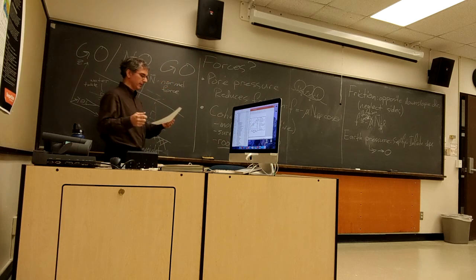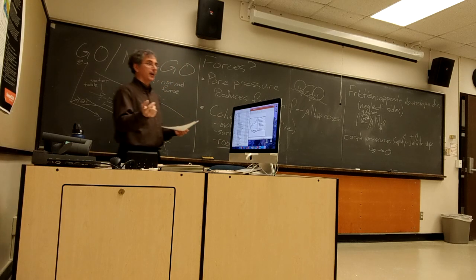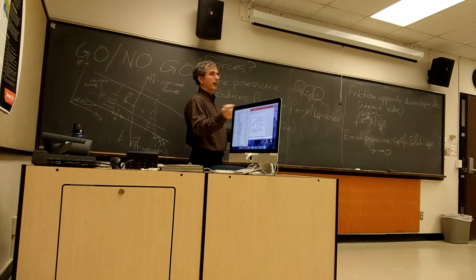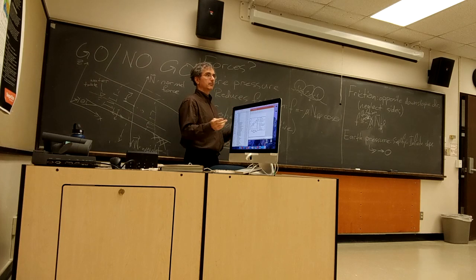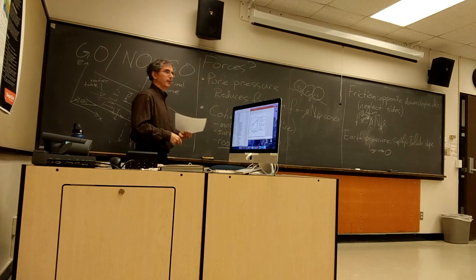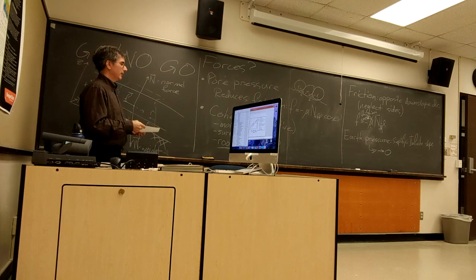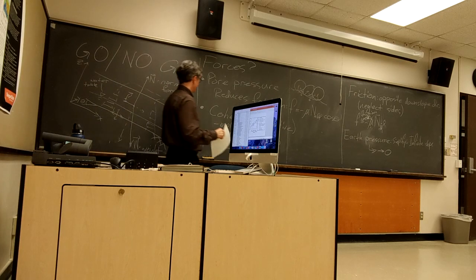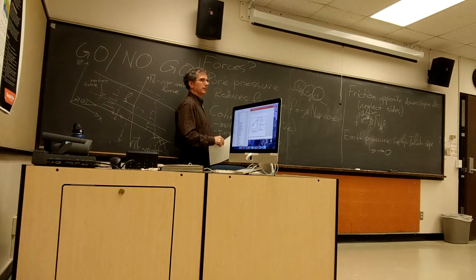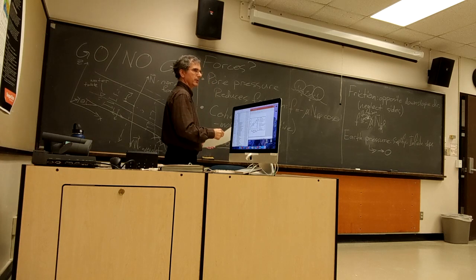So you're going to do your designs without accounting for root cohesion. If you want to figure out whether a dam is likely to hold together, you don't think that roots are going to hold it together. In general, you're not going to count on roots to give you your cohesion.